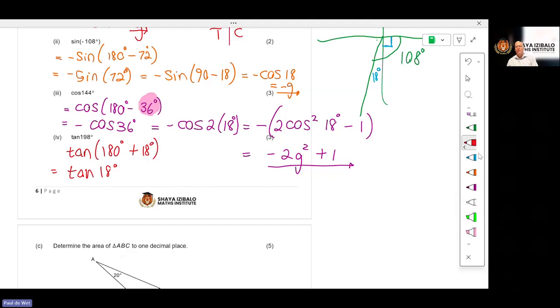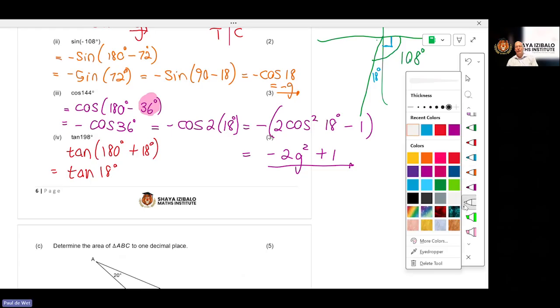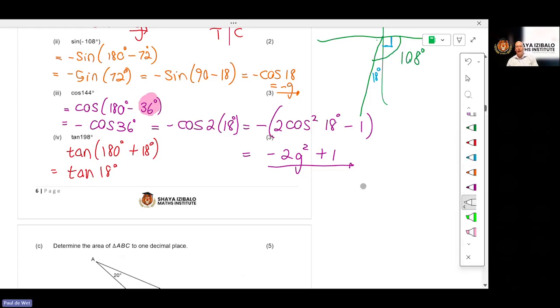Okay, I think maybe a lot of learners might not know how you got there. I'm going to suggest that we draw a diagram now, and our diagram is going to look something like this. This is 18 degrees.